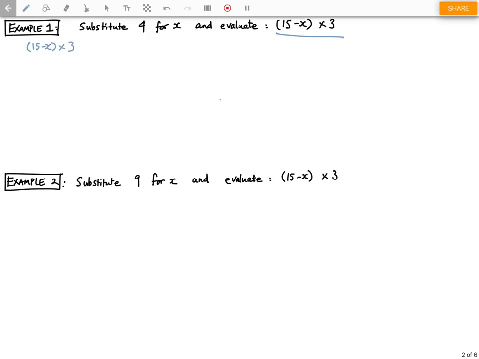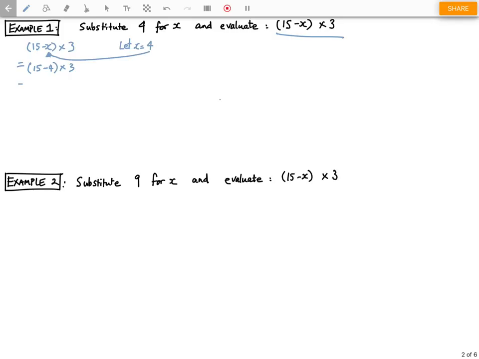And then it says substitute 4 for x. So we can say let x equals 4. So if x equals 4, then we substitute the 4 into the x. As you can see, 15 minus x, or 15 minus 4, and then times 3.